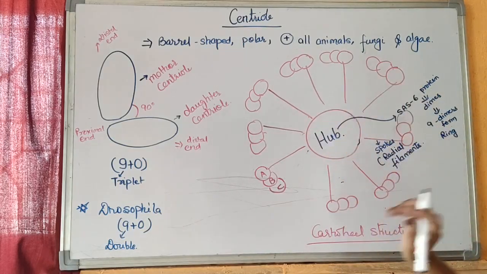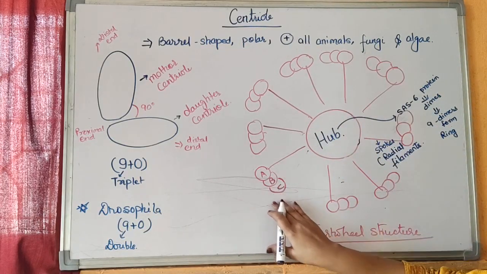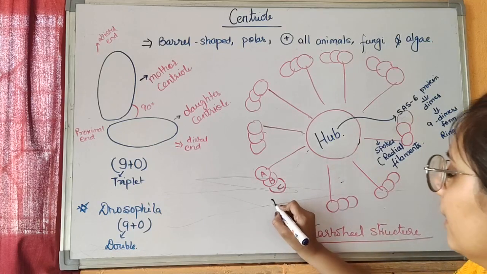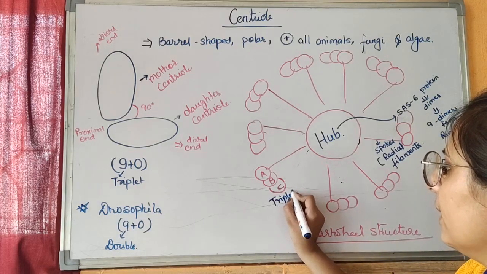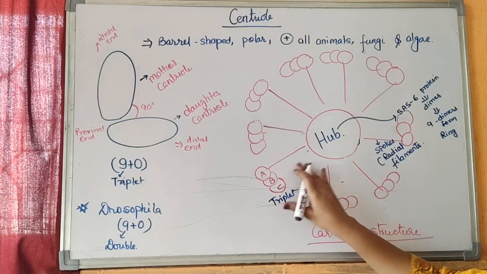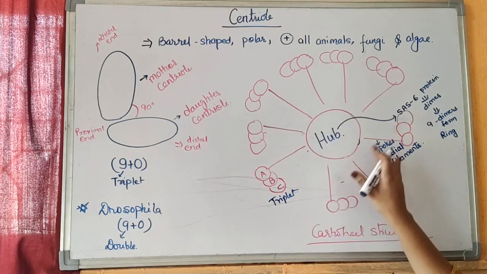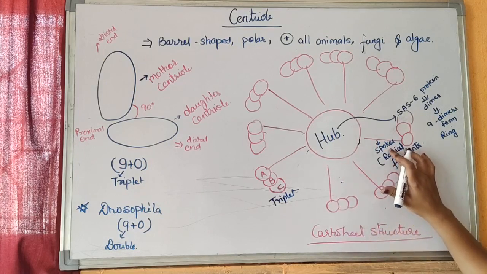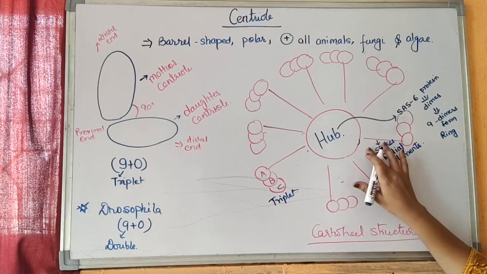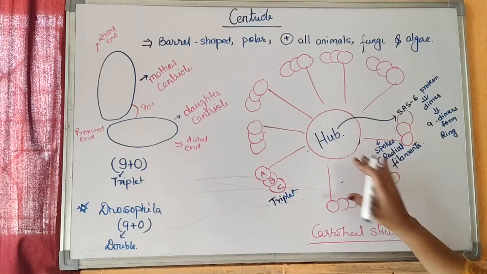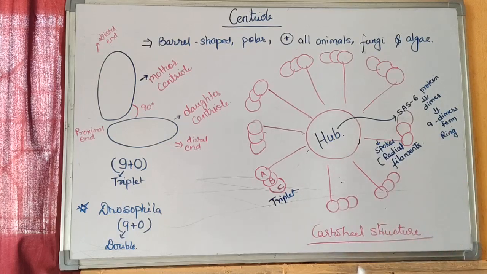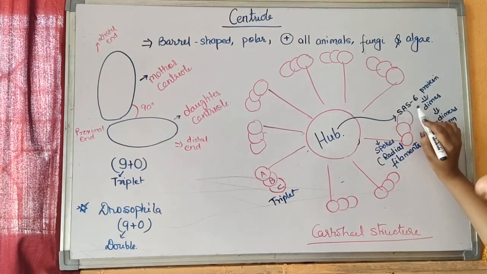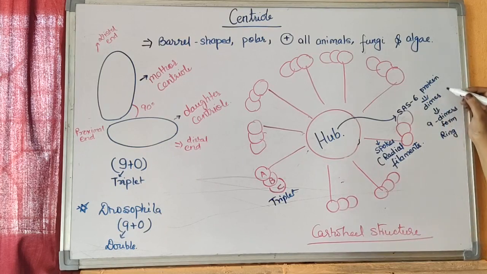The basic structure of a centriole has A, B and C rings, and together they form a triplet structure. This triplet structure is attached to the central part of the cartwheel structure by radial filaments known as spokes, and the central part has a special protein called SAS6 protein.